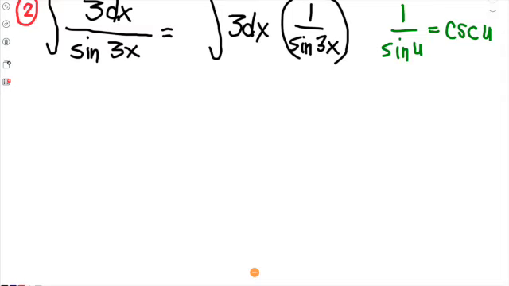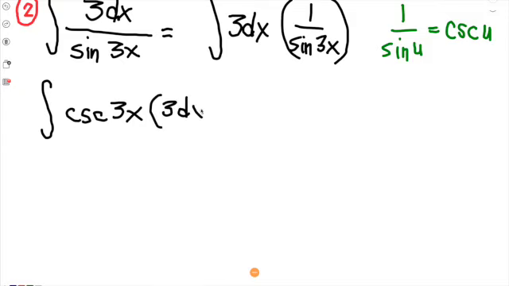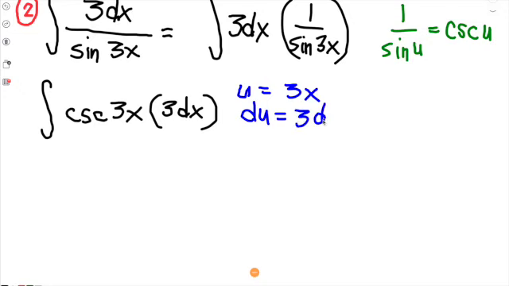So now our equation would be to integrate cosecant 3x times 3 dx. Now we will assign u, and it's better to assign u as 3x, and the derivative of u, as the derivative of 3x, is 3 dx.